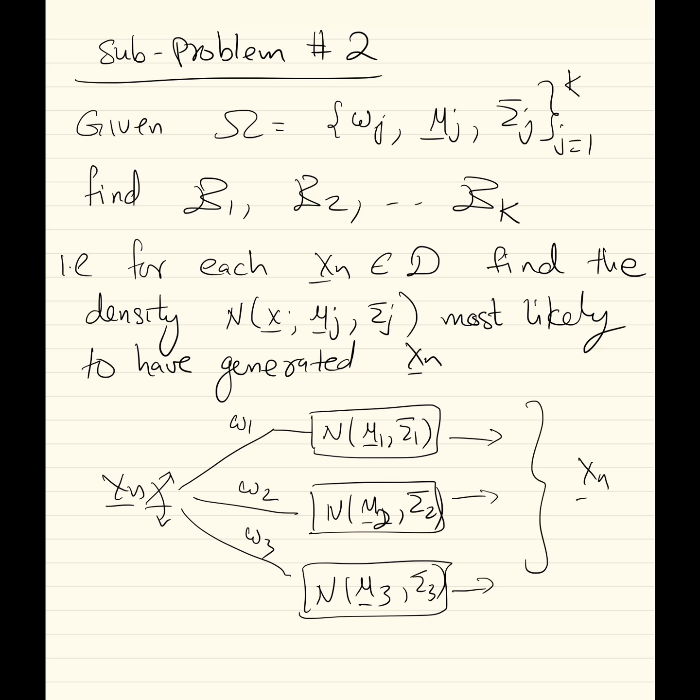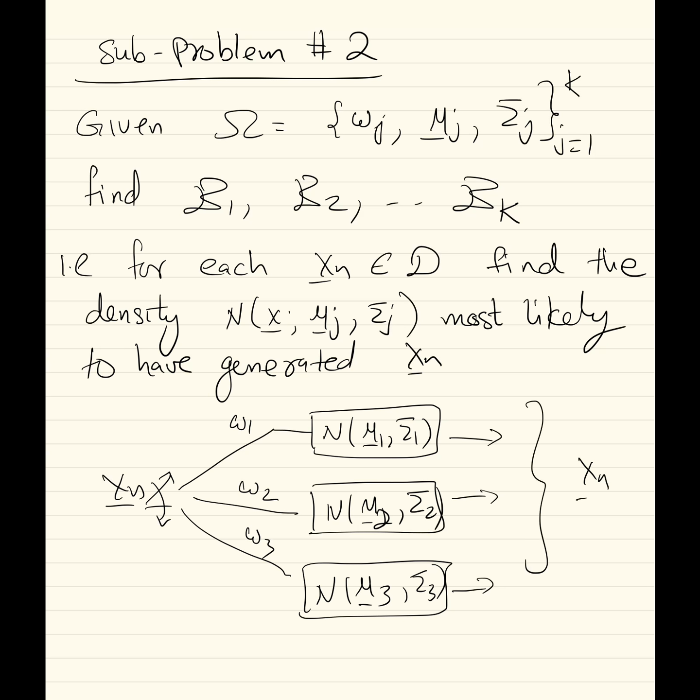And the question we want to answer is, which of these three branches is most likely? Did xn take the first branch? Did xn take the second branch? Or did xn take the third branch? We don't know. We are given the input. We know that we are doing the switching here. We see what the value of xn was produced as the output.